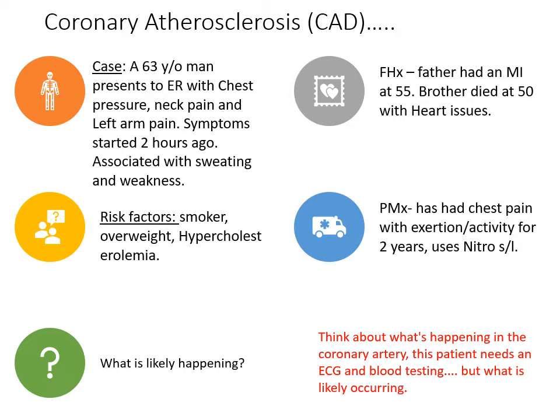This could be a STEMI, where we will see ST elevation on the ECG, plus a positive troponin in the bloodstream. So we can really separate it into different categories based on the ECG and cardiac enzyme testing called troponin.